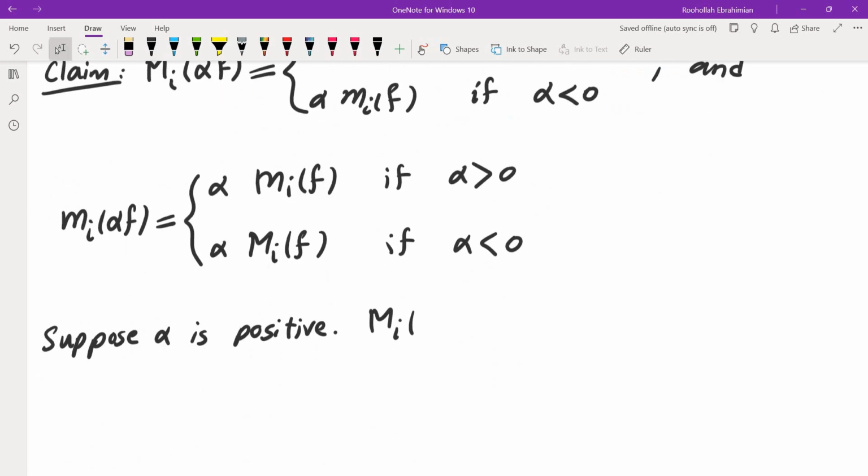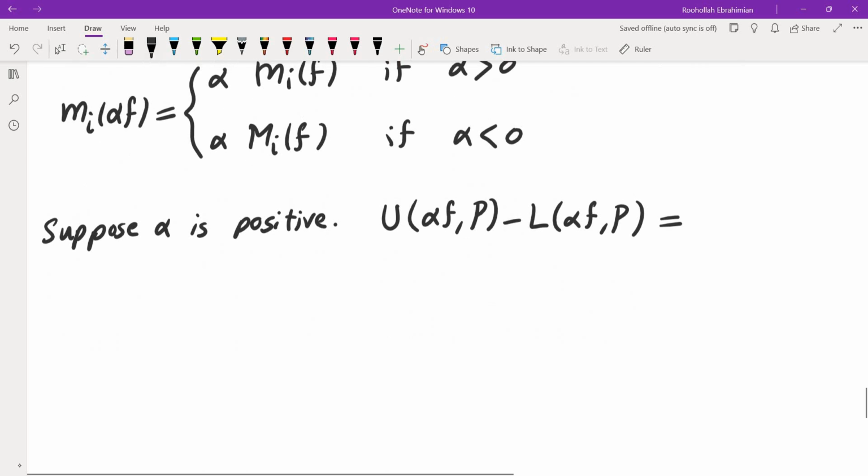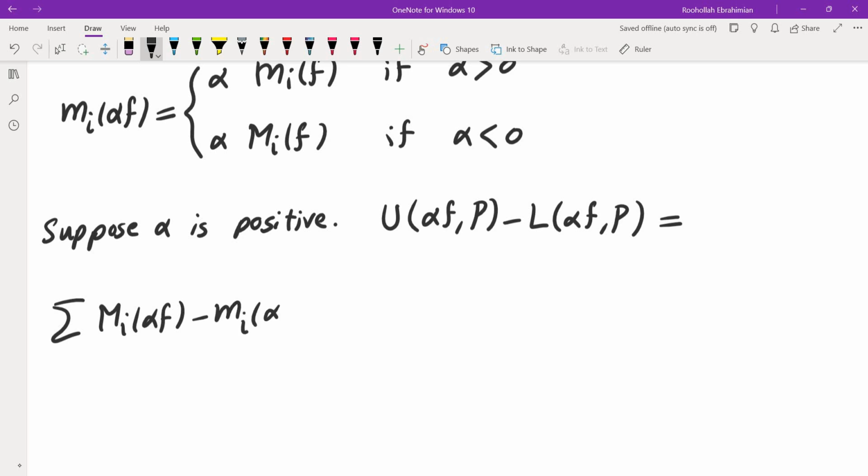For alpha positive, we can look at the upper sum minus lower sum and see what happens. The upper sum of alpha f minus the lower sum of alpha f is the sum of Mi of alpha f minus lowercase mi of alpha f times xi minus xi minus 1, i equals 1 to n.